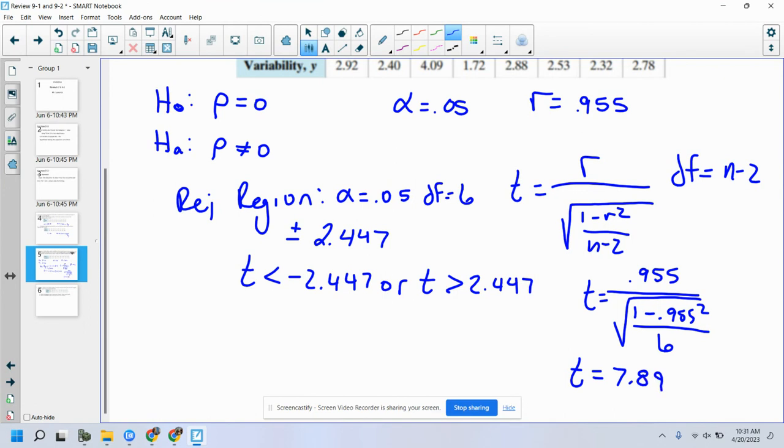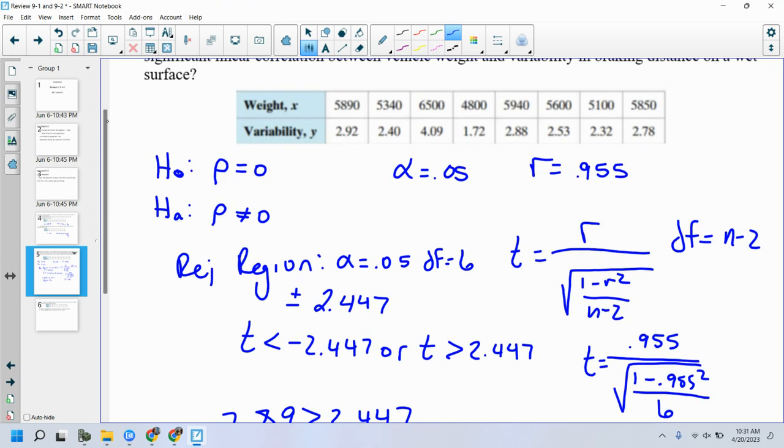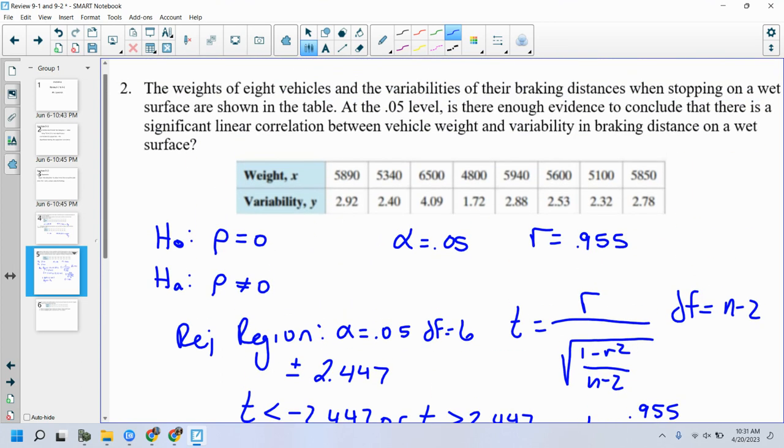Am I going to reject my null? Yeah. Heck yeah, I am. Quite strongly. That's a correlation. Because 7.89 is bigger than 2.447, we can reject the null. Now, let's make a statement, because we always have to make a statement in the end, in context. So what am I studying here? I'm studying the weight of a car and its stopping distance.